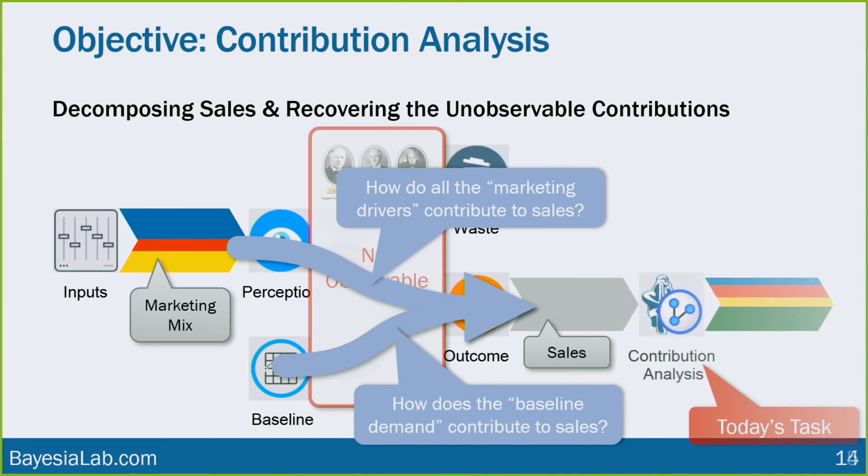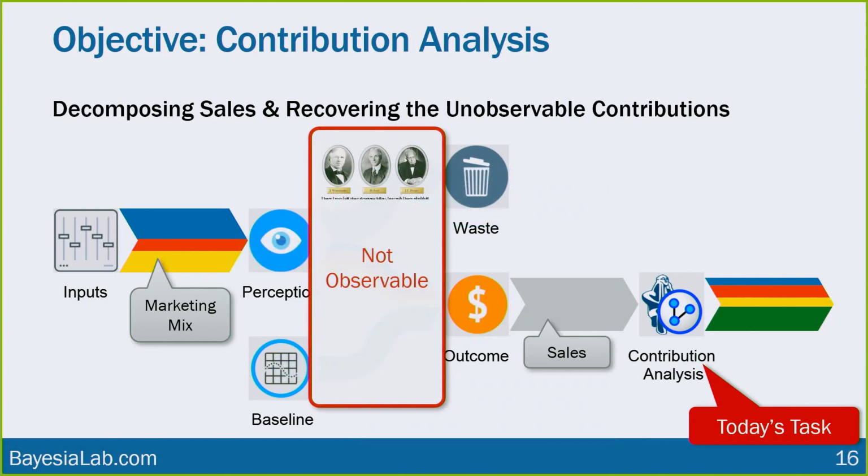So our objective is to run a contribution analysis that takes what is not observable, what we cannot see, what we can only understand theoretically, and decomposes that and recovers these contribution streams. So that's our objective for today.